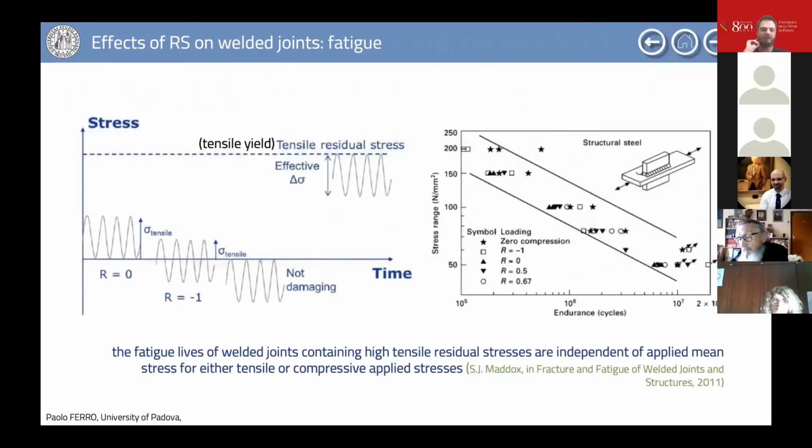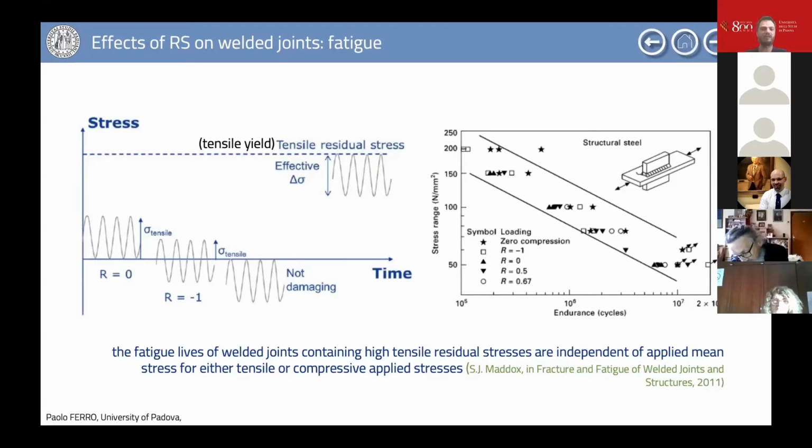By focusing on the effects of residual stresses on the fatigue strength of welded joints, we have different findings with different outcomes. First of all, it is important to observe that if we have a high tensile residual stress in welded joints, the fatigue strength of welded joints is independent of the mean stress applied to the joint itself.